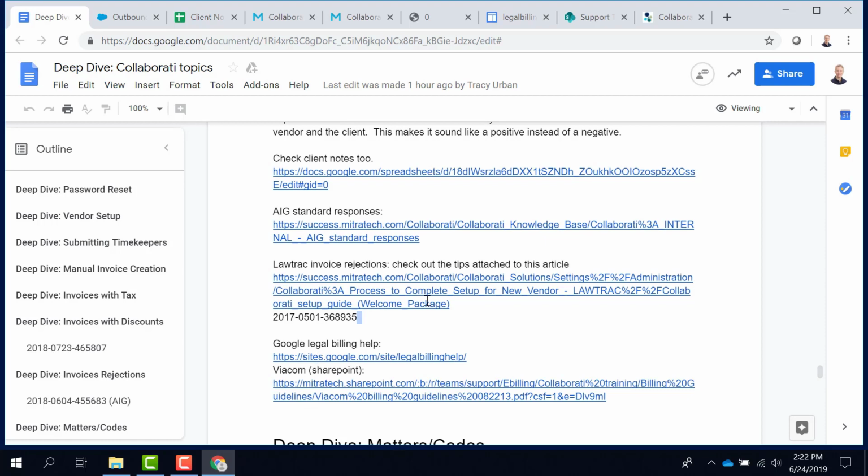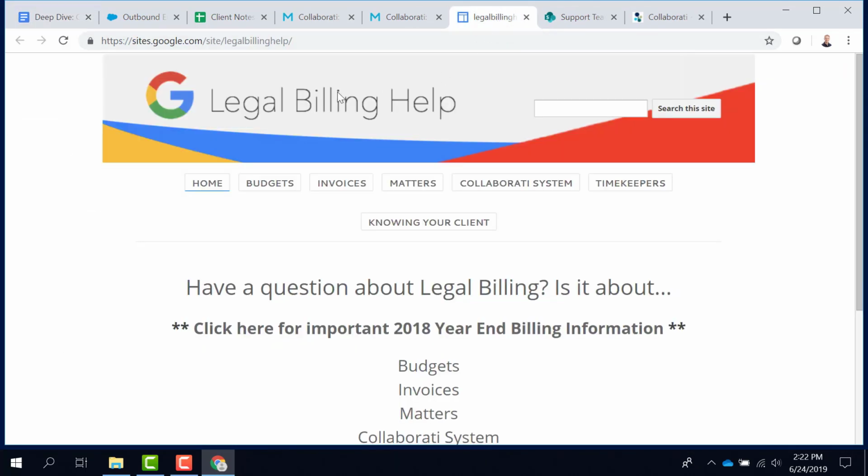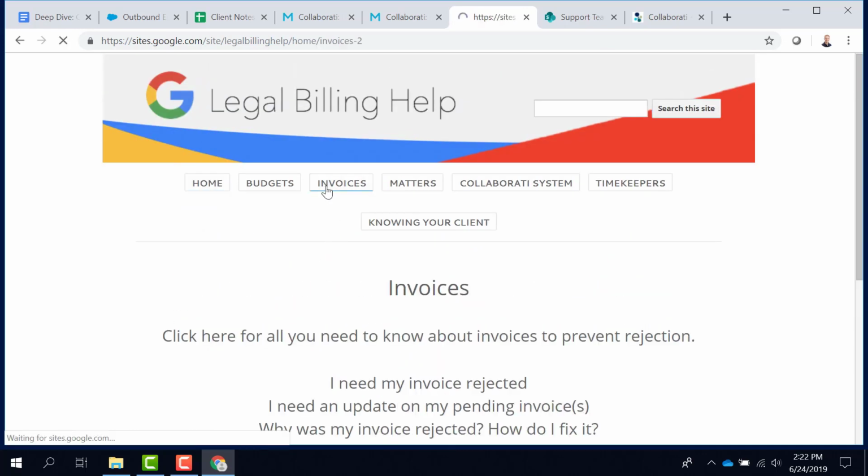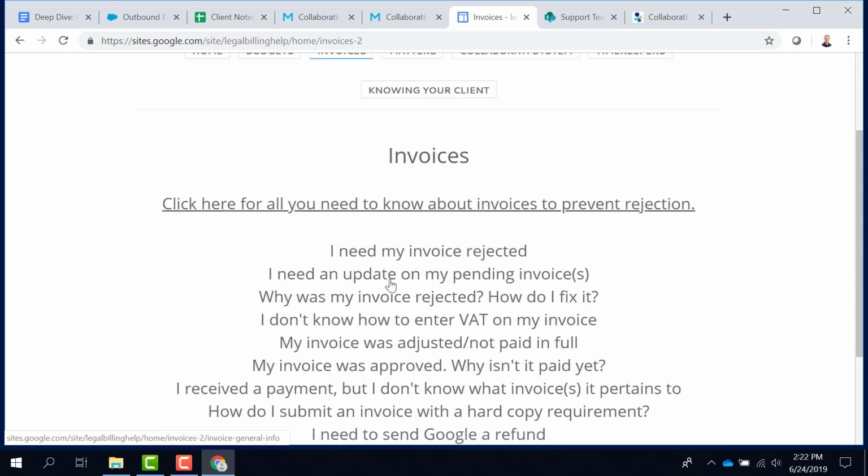We also have some billing guidelines for some of the clients, and you can see, for example, Google has actually put their billing information online. They've made this available, and it's an open website, so you can look on here and find out information like if my invoice was rejected.